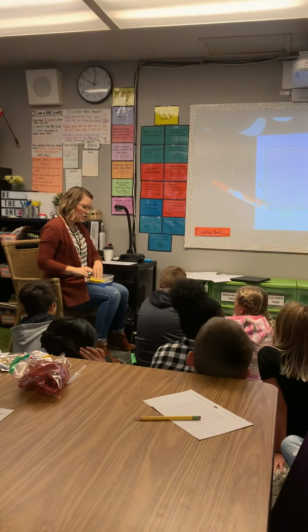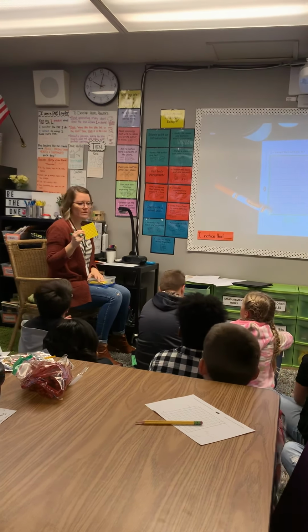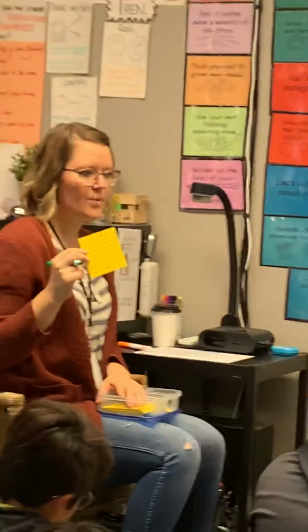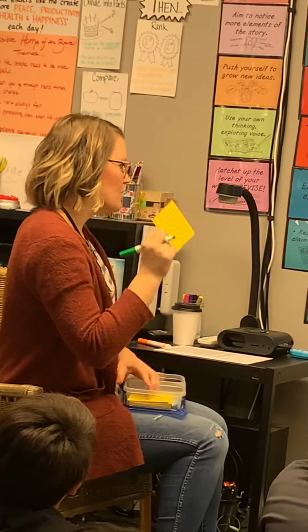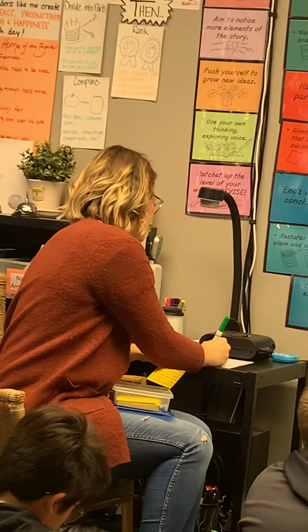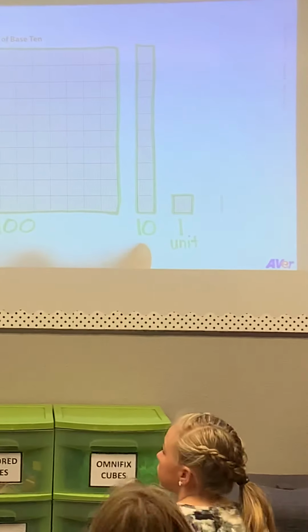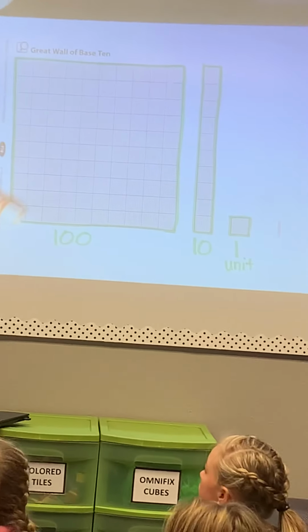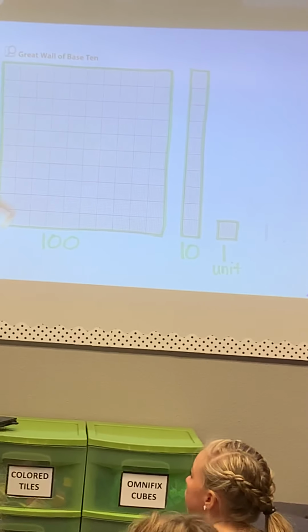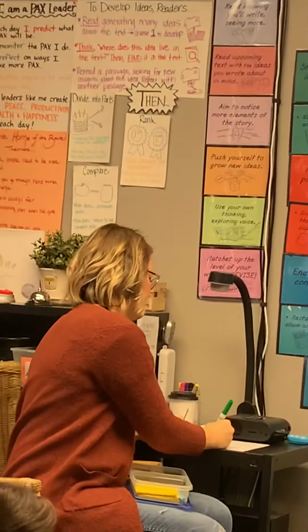Okay, so we're not gonna call this 100 anymore. What are we gonna call it? We're gonna call this a 1 unit. So this is our unit piece. Okay. Do we have a 10 piece anymore? No, we have to build it out of these. So then, what do we call this thing? 10.